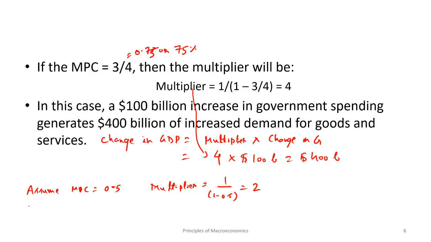If this is true, then change in GDP, where triangle means change, equals 2 times change in G, which is 2 times 100 billion, which gives you $200 billion. Now here's the fun fact. The fact is this: the higher the MPC, the higher is your multiplier, and the lower the MPC, the lower is your multiplier.